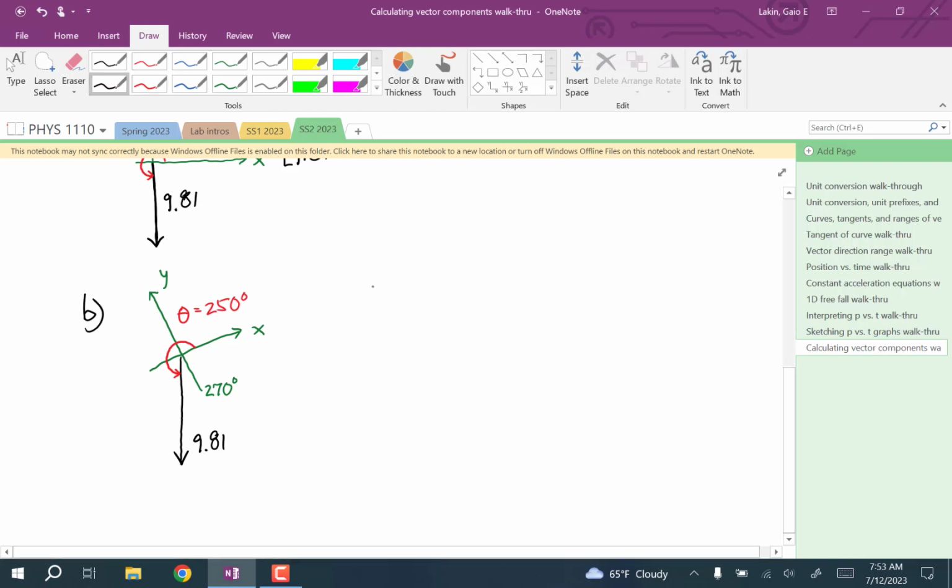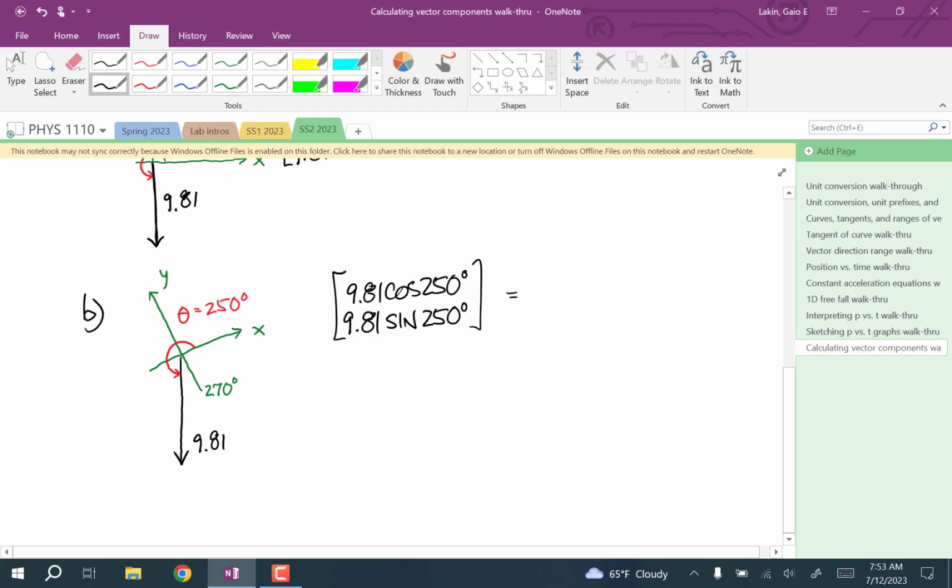And so our vector components are going to be 9.81 times the cosine of 250 degrees for the x component, and 9.81 times the sine of 250 degrees for the y component.